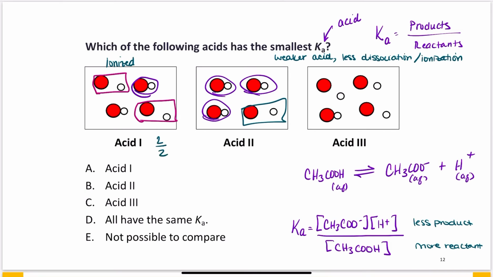I know it's not mathematical, but I'm showing you the distribution of them. This is like saying 1 to 3. And this one, one molecule together, 1, 2, 3 apart. Acid 2 is going to have the smallest Ka because it's got the smallest amount of product and the most amount of reactant still present in the system.